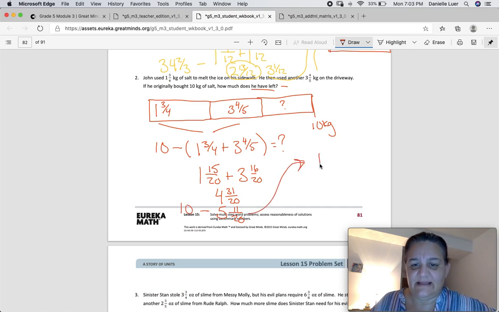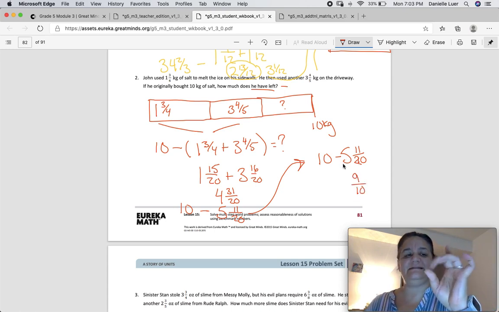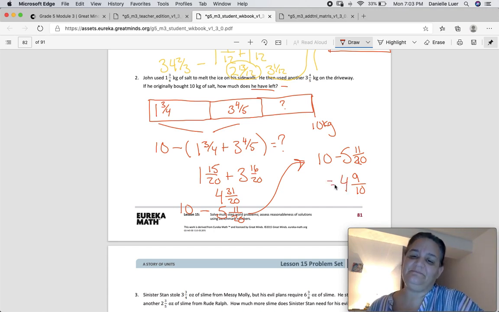I ran out of space. 10 minus 5 11/20. Well, in order to get to 6, I would need 20ths. I would need 9/20 to get to 6, and then 7, 8, 9, 10. Did you see how I did that in my head? 11/20 plus 9/20 would get us to 6, and 4 minus 6 is 4. So how many kilograms does he have left? 4 9/10 kilograms.